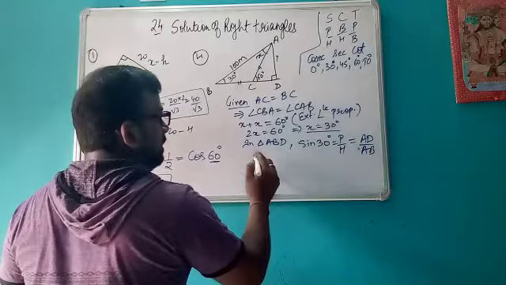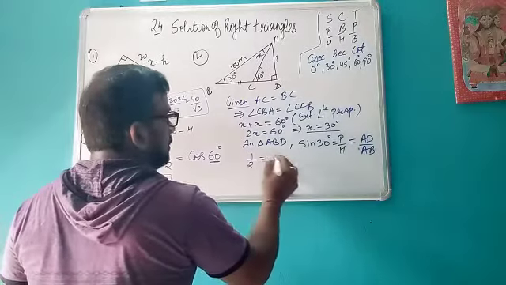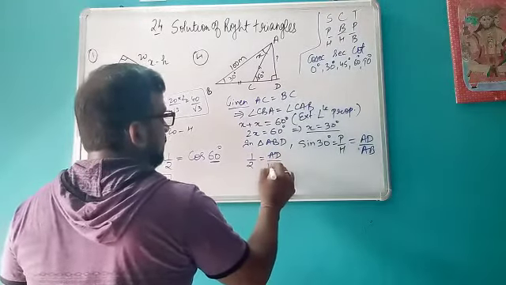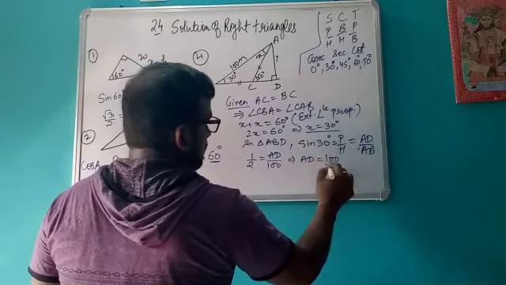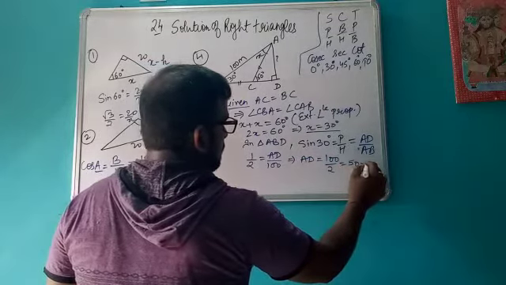What is sine 30 degree? Sine 30 degree is 1 by 2. AD we have to find and AB is 100. So from here you will get AD is equal to 100 by 2, or 50 meter.